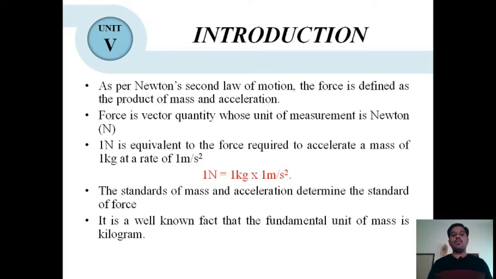Force is a vector quantity whose unit of measurement is the newton, and one newton is the force needed to accelerate a mass of 1 kg at 1 meter per second square. That is, 1 N = 1 kg × 1 m/s².